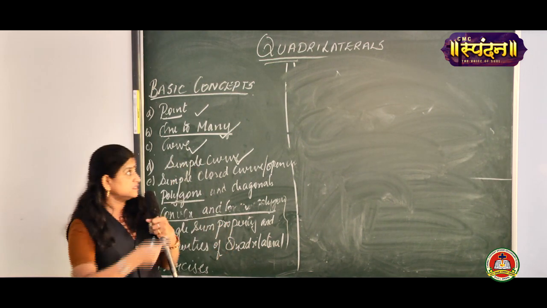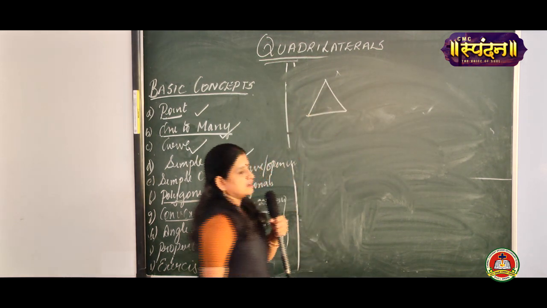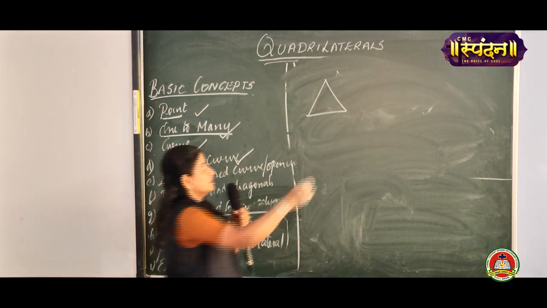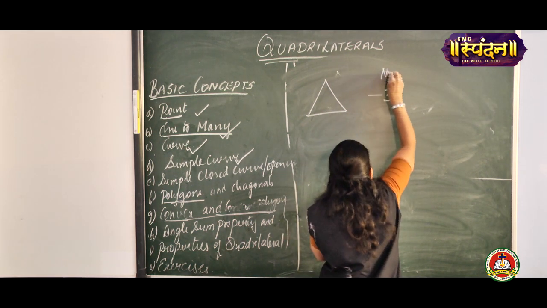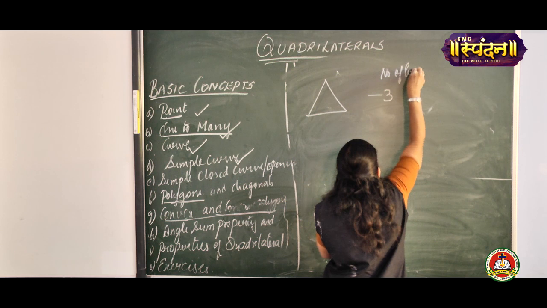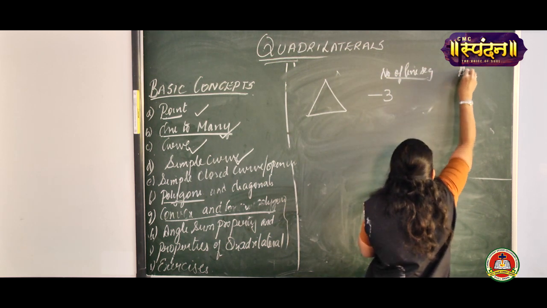See this idea, listen to this idea. How many line segments are there in a triangle? 3 line segments. Put the heading as number of line segments and angle, triangles.